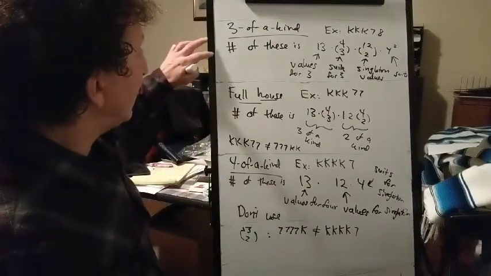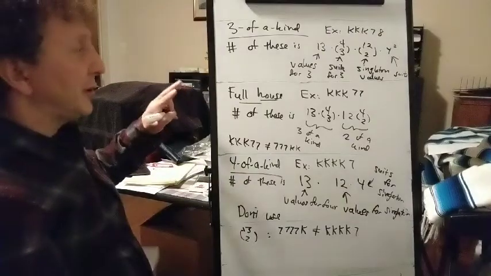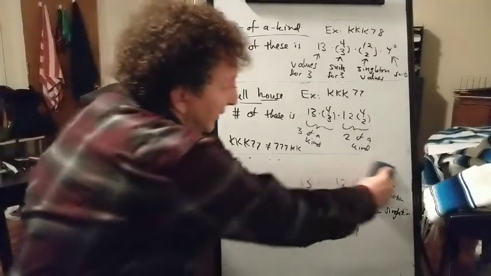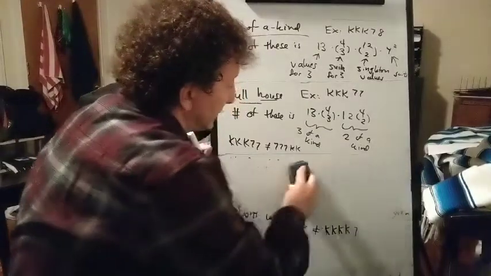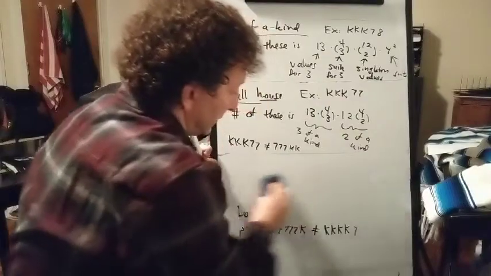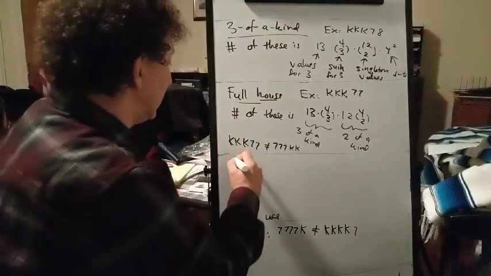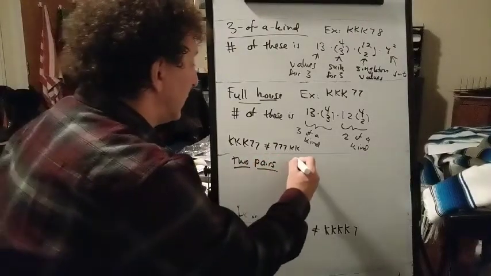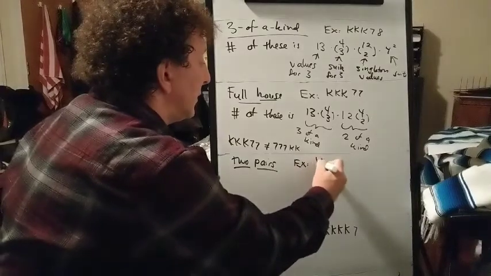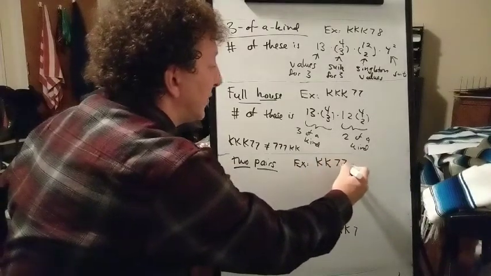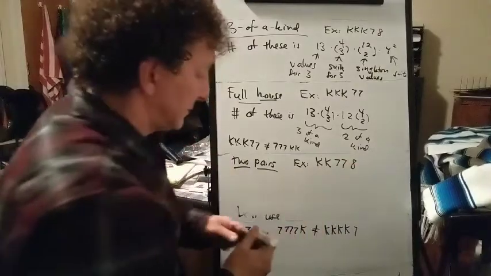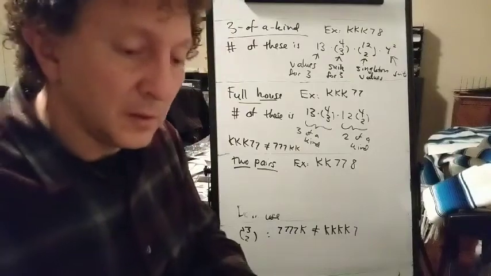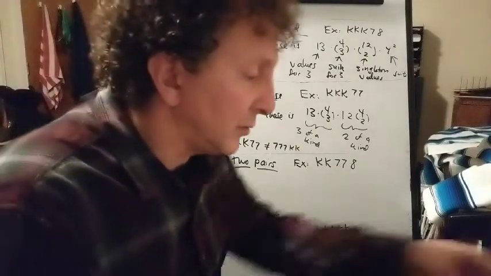All right, 4 of a kind, 3 of a kind, 3 of a kind and a pair. Could also have 2 pairs and then 1 leftover card like this. That's not really entering into making the hand special. So maybe we could have 2 kings, 2 sevens, and an 8.